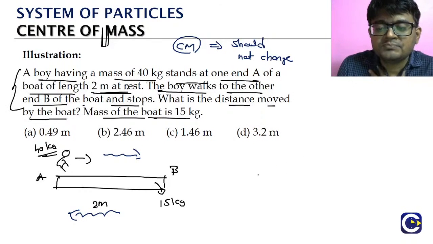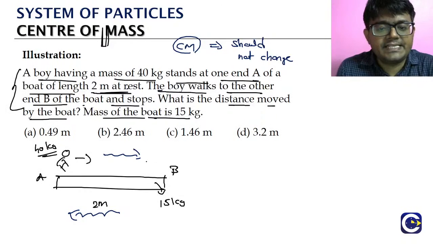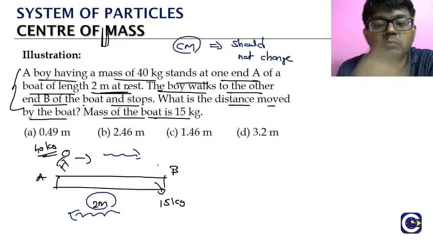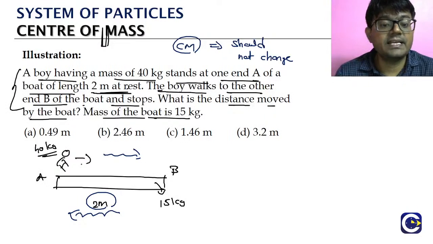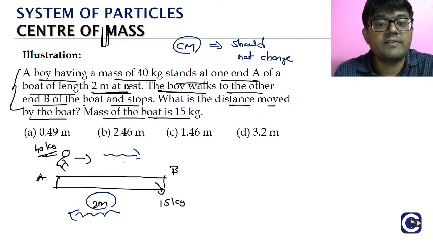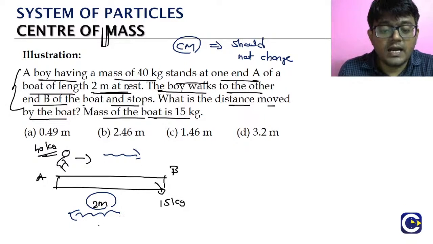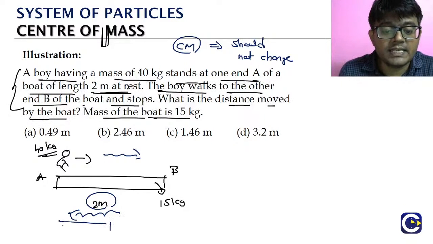Actually, when the boy is moving towards the right side, totally he is covering a distance of 2 meters on the boat. Let us say that the boat is moving to the left by a value x.